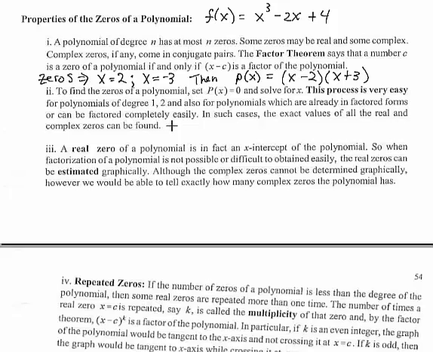So for instance, let's say I had a polynomial r of x equals x minus 2 times x plus 3 times x plus 1. It's already factored. If I were to multiply all this out, this would actually be an x to the third degree 3 polynomial, and we haven't really spent a lot of time solving for the zeros of those types of polynomials. 3, 4, 5, any of the higher degree polynomials, we usually just simply rely on our calculator.